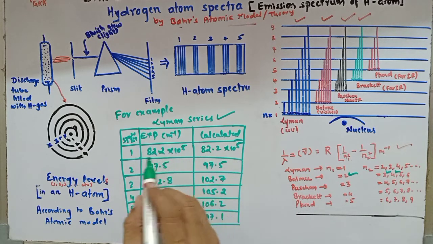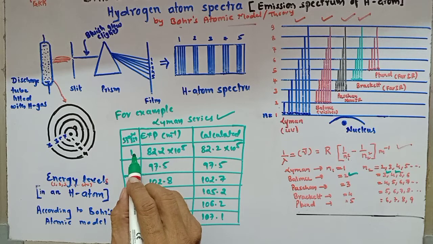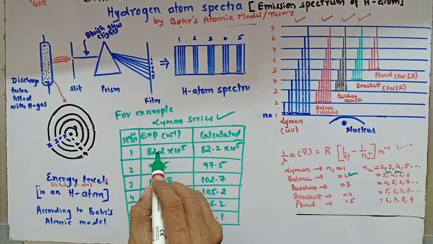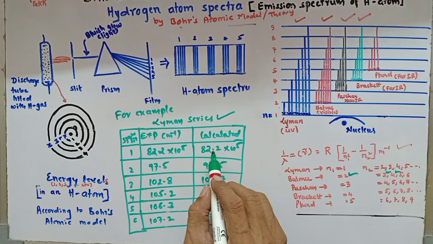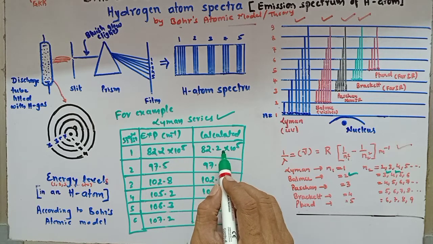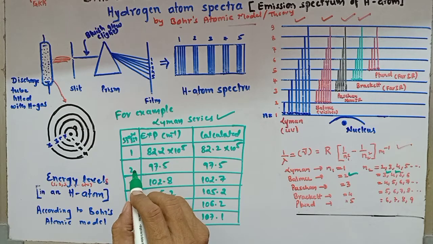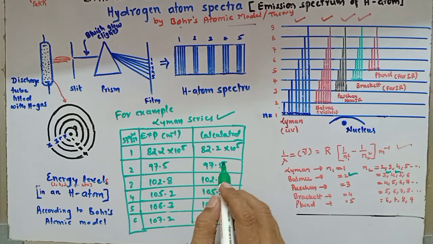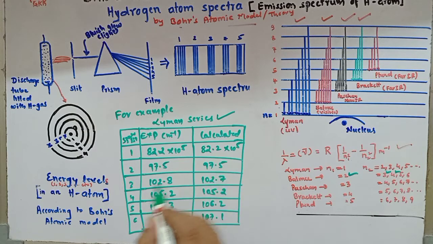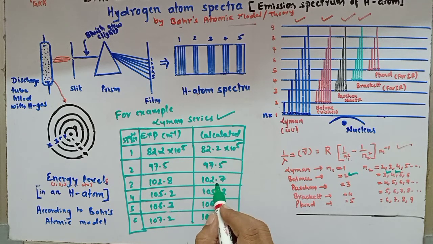So the frequency of the first spectral line is 82.25 as the experimentally observed value, whereas the calculated value is also the same, 82.2. Similarly, the second spectral line frequency is 97.5 experimentally, and the calculated value is also the same. The third spectral line shows 102.8 experimentally observed, whereas the calculated value is 102.7.